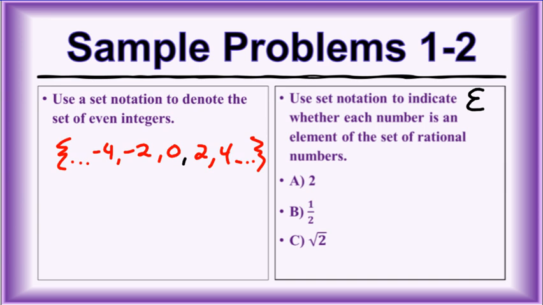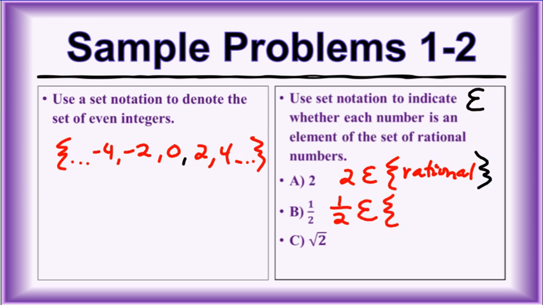So 2 can be written as a fraction, so we could say 2 is an element of rational numbers. The next one, half. Half is a fraction, so that could be written as an element of rational numbers.